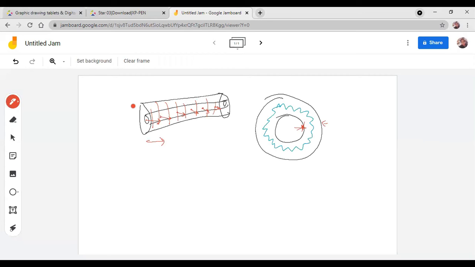So what we have gathered here is that the thickness of the walls is small, therefore the temperature gradient will be large.